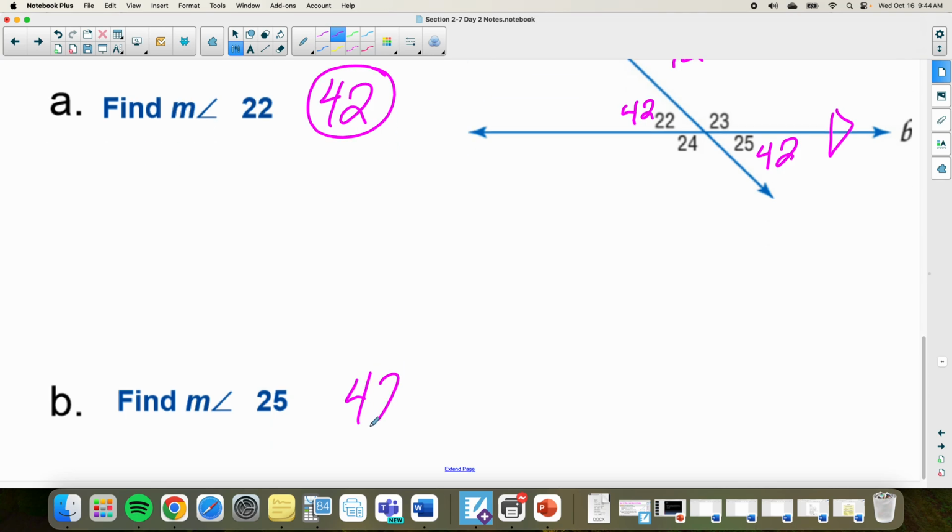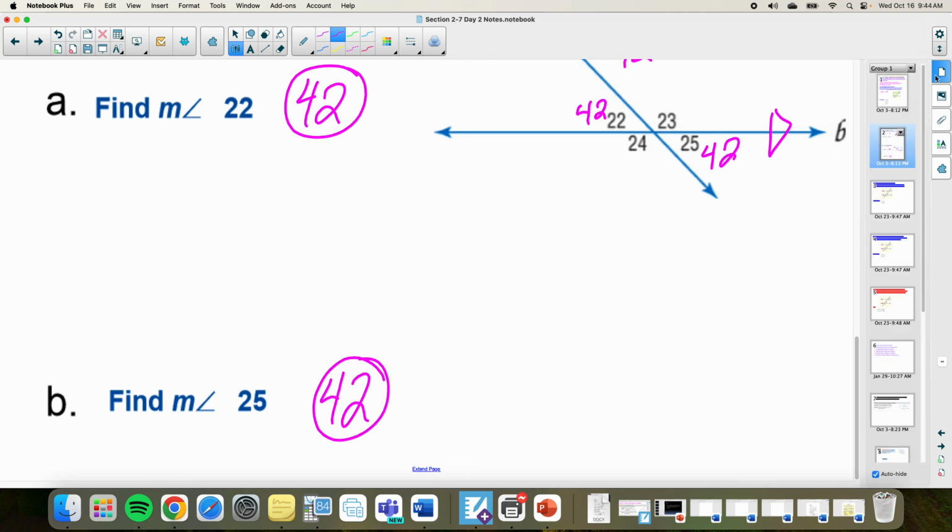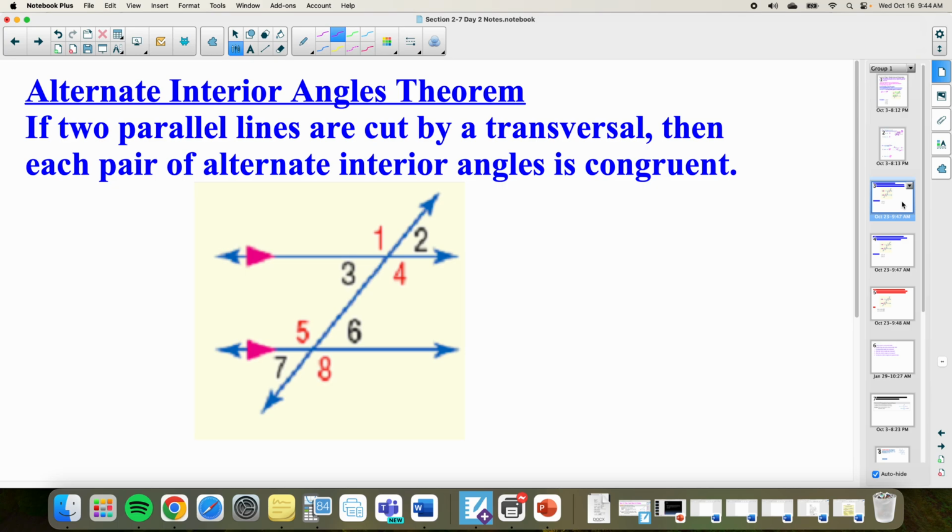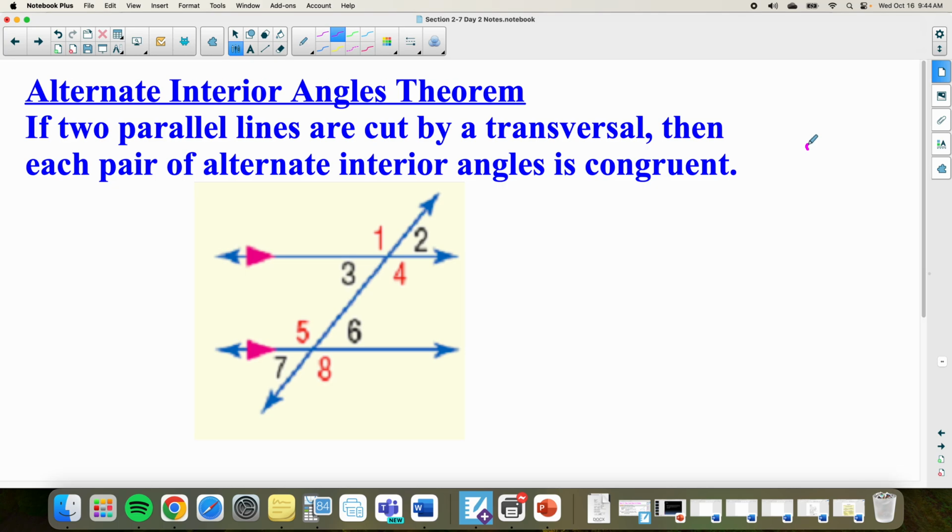So now let's go to this page right here. So we're gonna learn a theorem about all four types of angles that we did, okay? And again, these only work if our lines are parallel. And the second one that we're learning is about alternate interior angles.